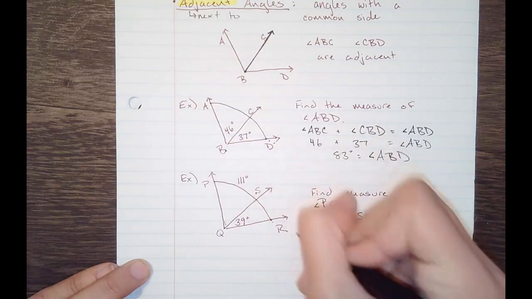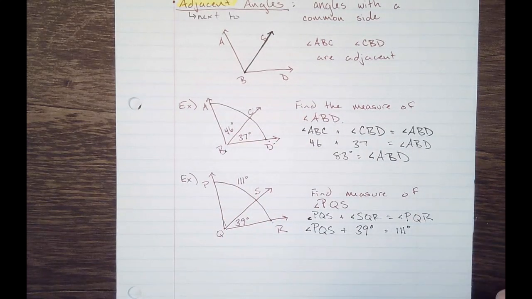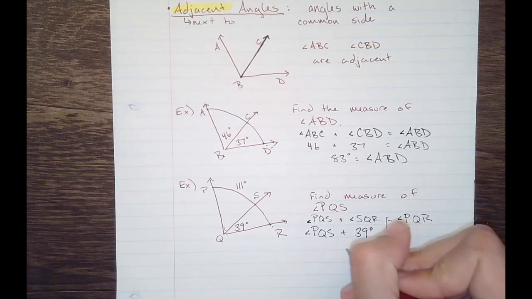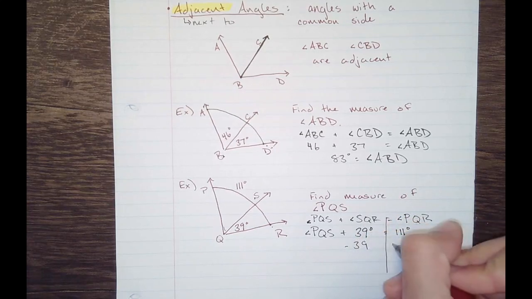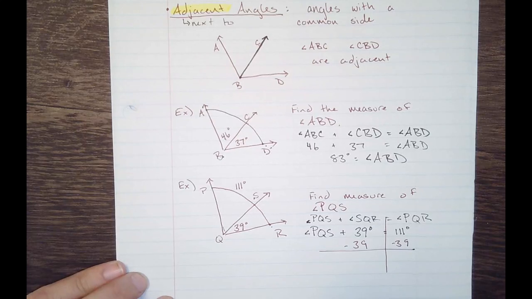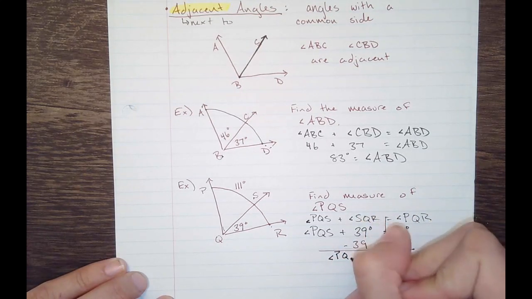So we know that this plus that is 111, so to figure out what this piece is, now we just have a simple equation, so we can subtract 39 on each side. And we're left with angle PQS is equal to 72 degrees.